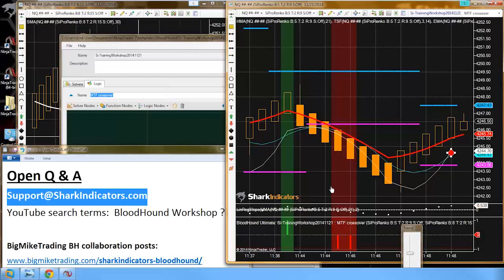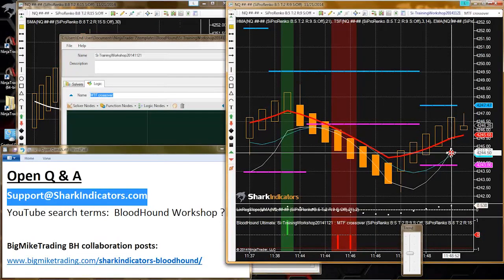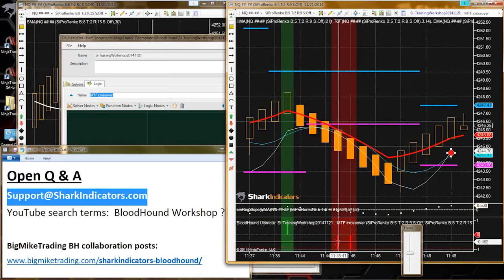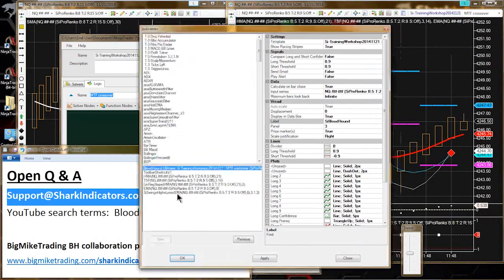With that explanation of calculating on bar close, just to reiterate, with BloodHound, if your BloodHound has calculating on bar close set to true, then everything inside of BloodHound operates on true. You can't mix and match the indicators inside of BloodHound.